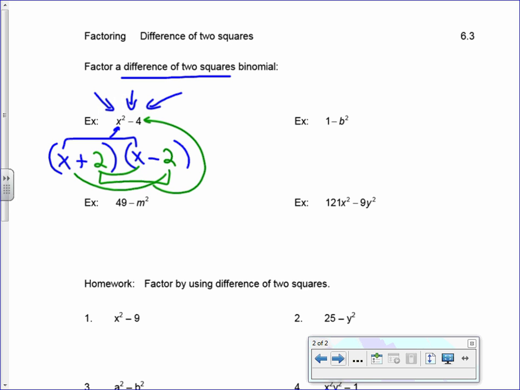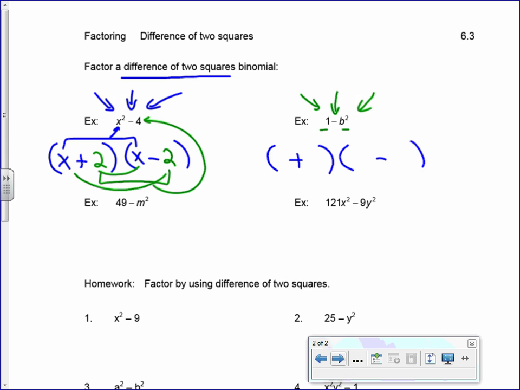Okay? So the big thing here is to recognize that you have a difference, minus, of only 2 things, and each of the 2 things here are perfect squares. You also want to keep them in order. This problem starts with a 1 instead of with a variable, so you need to keep that order when you're setting up your factors. 1 plus and 1 minus, it doesn't matter if you put the plus or the minus first, as long as you have one or the other.